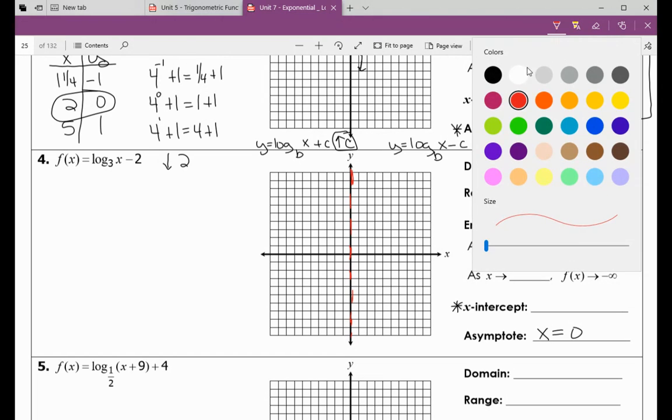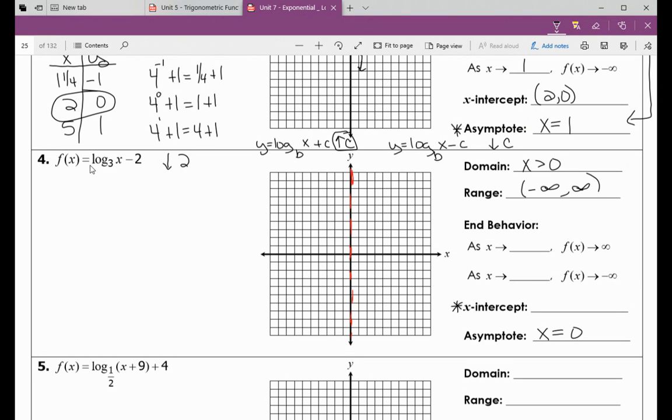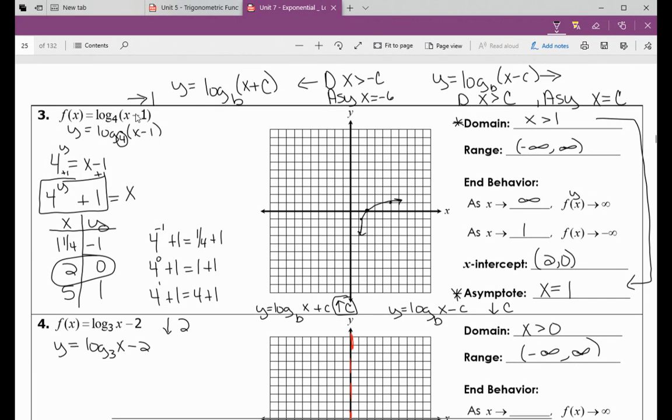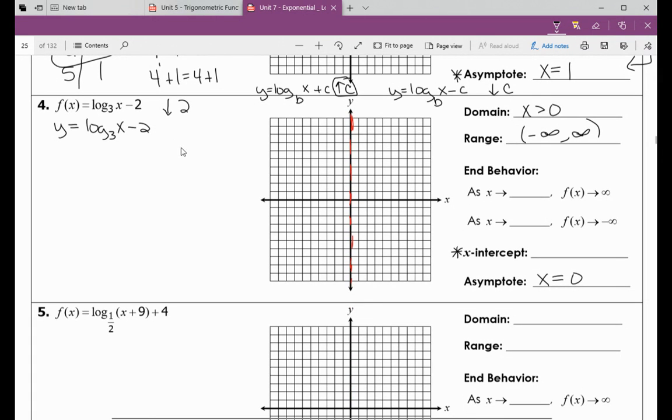Before I make my table, I'm going to have to rewrite this as an exponential problem. So the first thing, y equals log base 3 of x minus 2. Now, since this minus 2 is not in parentheses like this minus 1 was in example 3, we're going to have to add that first to get the logarithm by itself.